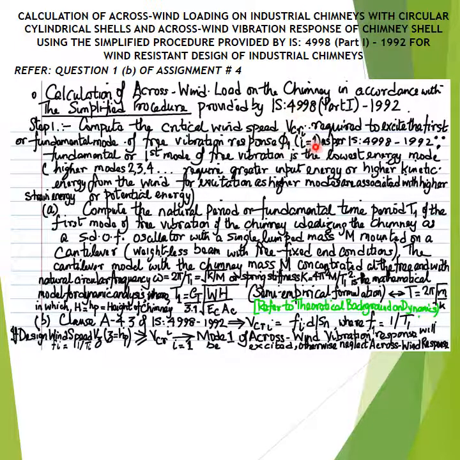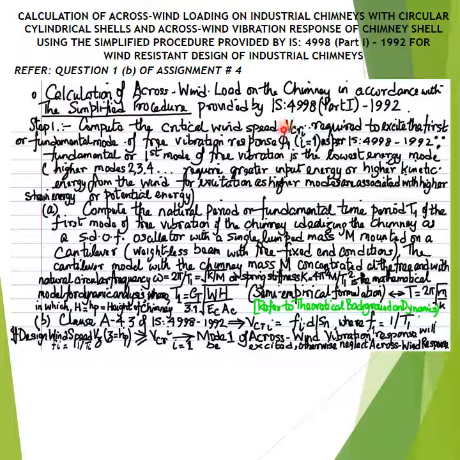Calculating the critical wind speed VCRI for I equal to 1, that is the critical wind speed VCR1 that is required to excite the first or the fundamental mode of free vibration response, phi 1 of the industrial chimney structure, the critical wind speed is then compared with the design wind speed on the site.